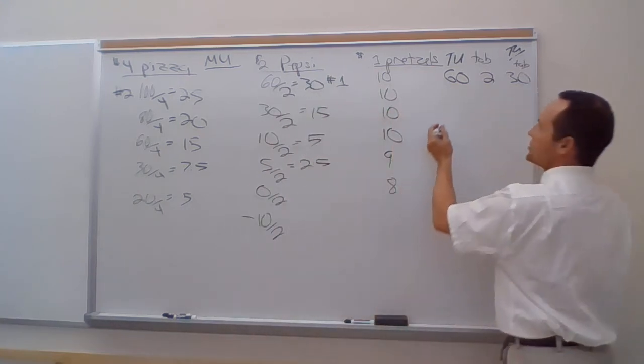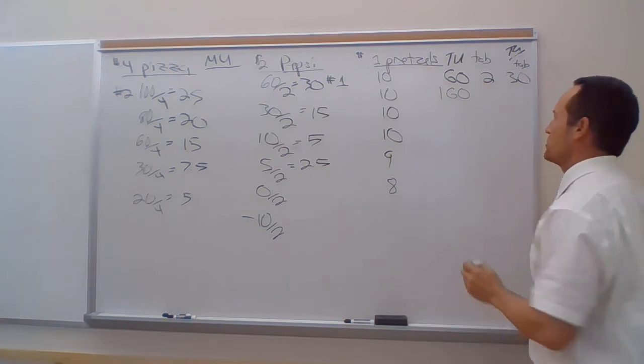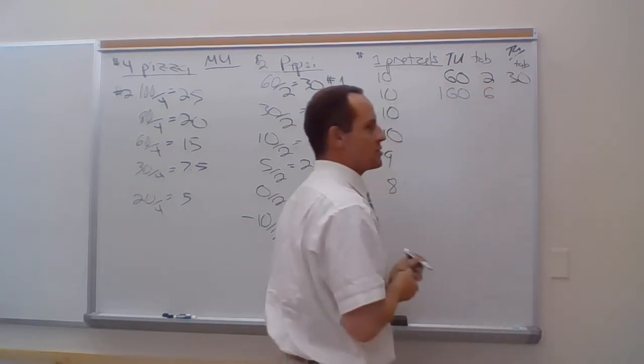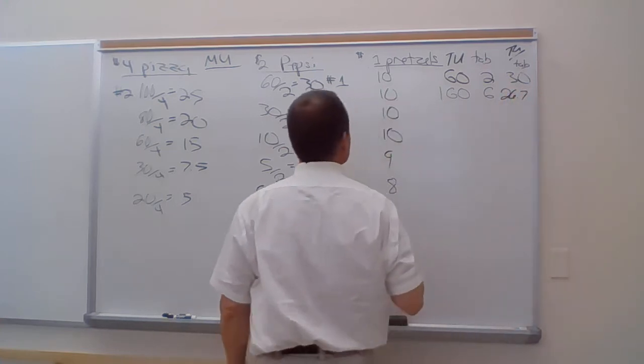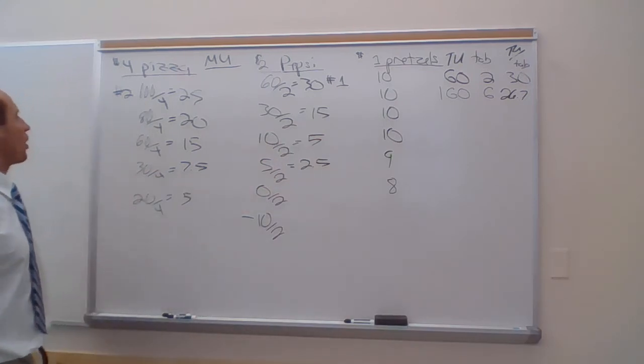So now 160 is my total utility. I have spent $6. So 26.7 utils per dollar so far.